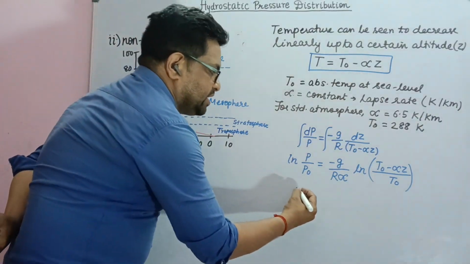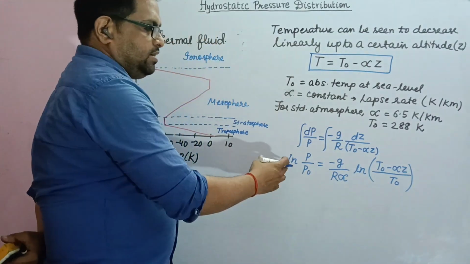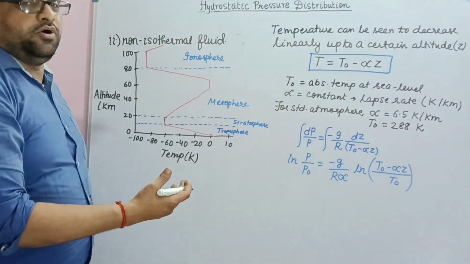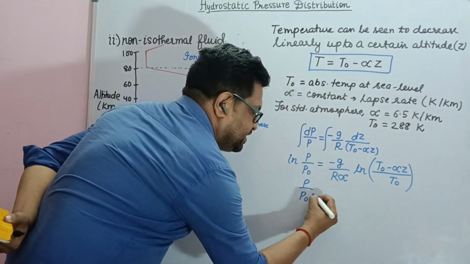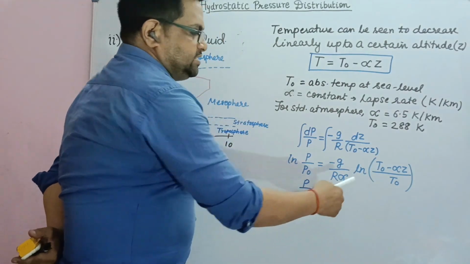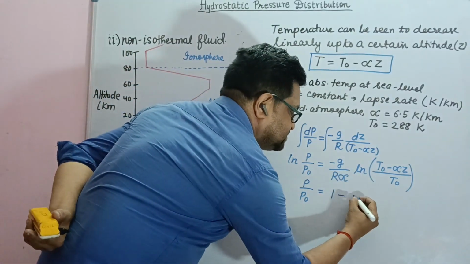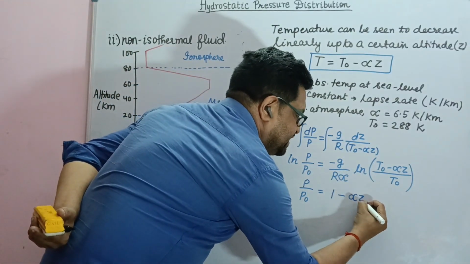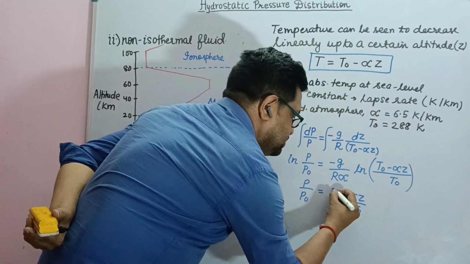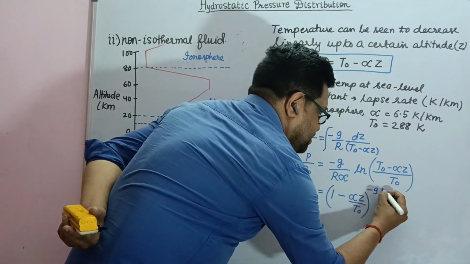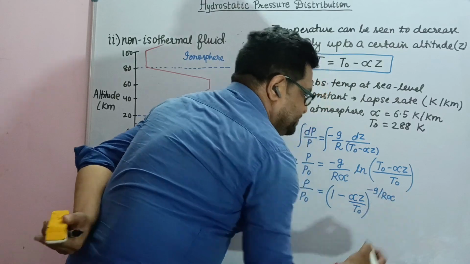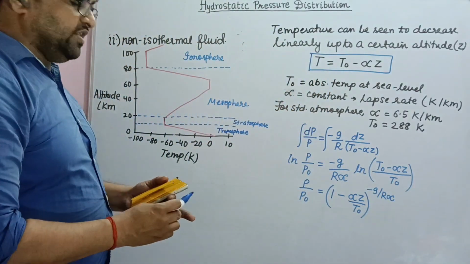We can also write it in terms of P. P upon P naught can now be written as the term 1 minus alpha Z upon T naught, and in the exponent there will be g upon R alpha. So this is the final equation which we have got here.